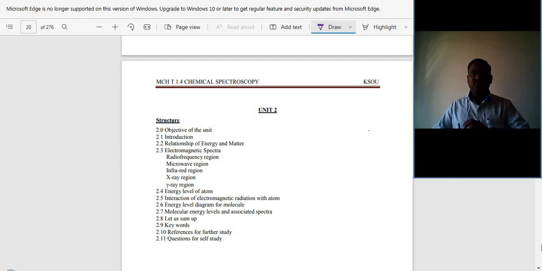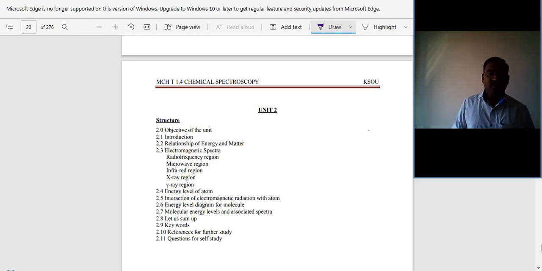In Unit 2, I am going to explain the concept of the relationship between energy and matter, electromagnetic spectra, radio frequency wave, infrared region, X-ray region, energy level of atom, electromagnetic radiations with atom, and energy level diagram for a molecule.